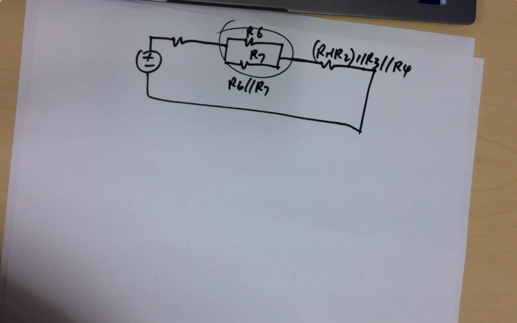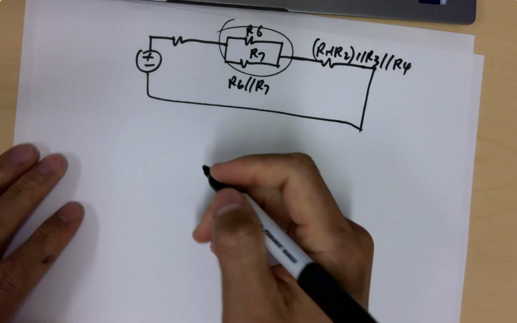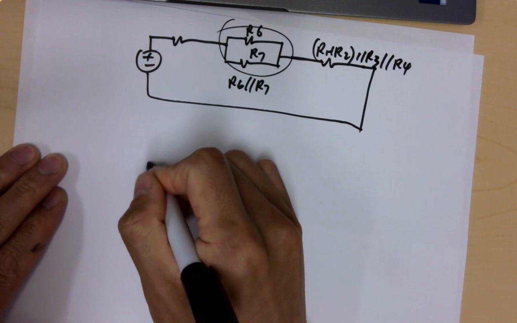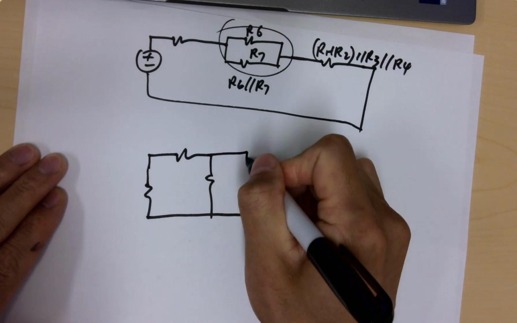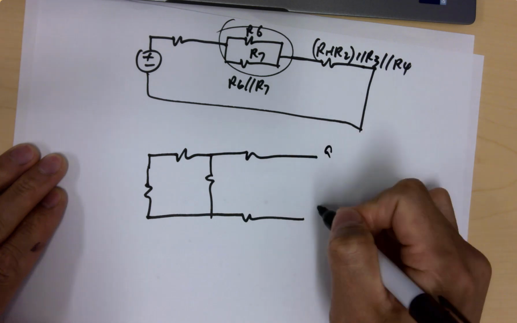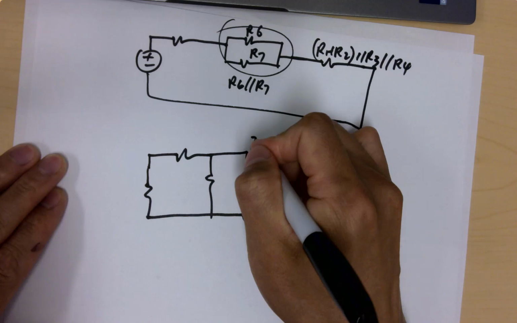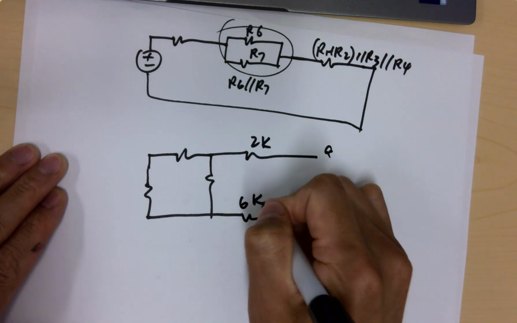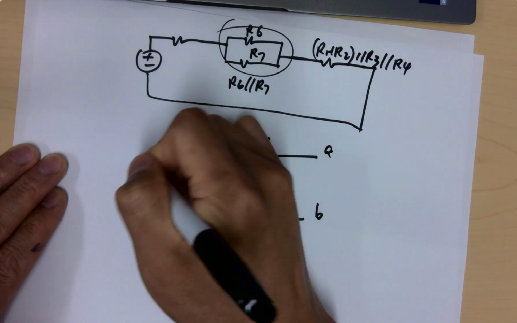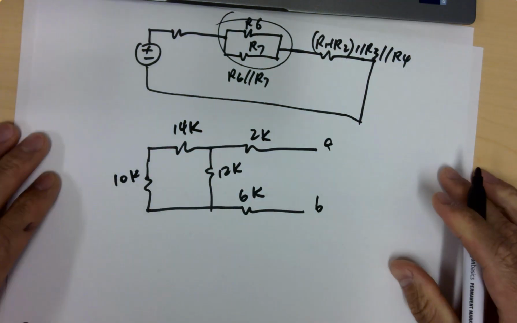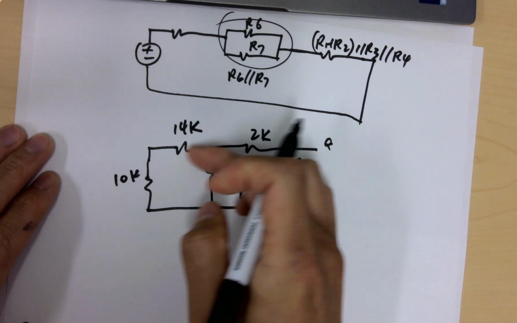This is another thing I want to talk about, which is another resistor network. I've got 10K, another one here. This is A, B, 2K, 6K, 12K, 14K, 10K. Look backwards.